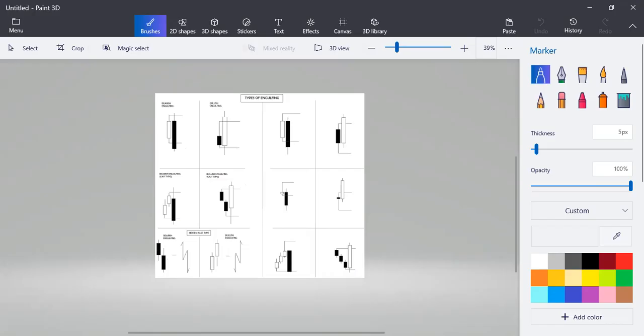Like for example, this is a volatility 75 indices. You can see an engulfing here. This ought to be a bullish engulfing pattern because it covers this. This is a bullish engulfing pattern.